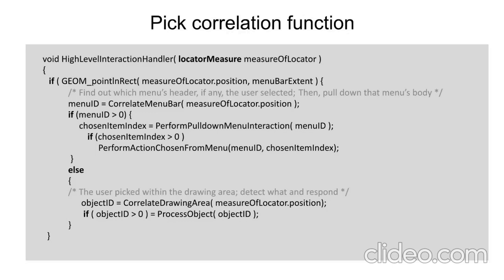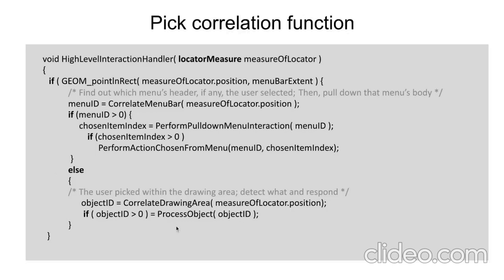If it's a valid menu ID, then it performs the menu interaction and selects the label. But if it's not a valid ID, it performs a different action. It goes to the else part of the code, where it detects whether the user clicked within the drawing area and what to respond. So if it's not in the menu bar and is clicked outside it, and if it's within the drawing area, it determines the position, finds the object, and we process the object.